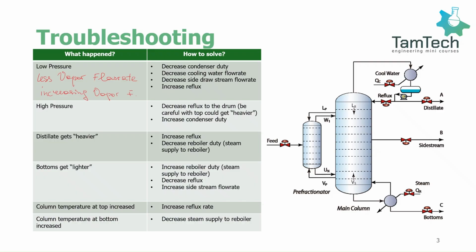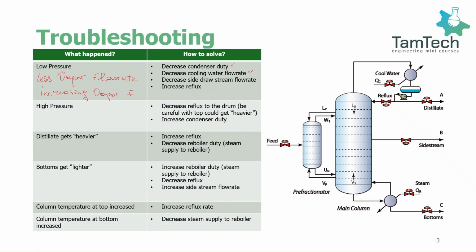As the condenser will have a more direct effect on the vapor amount, we will start with playing with the condenser duty. So the first action that we should take is decreasing the condenser duty and consequently decreasing the cooling water flow rate. These two actions will decrease the amount of vapor in the condensing part. So we will decrease the amount of vapor that is condensing each second.